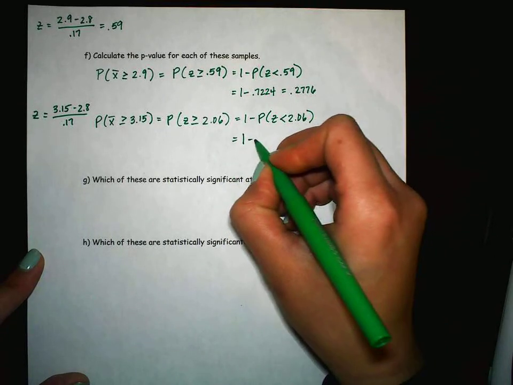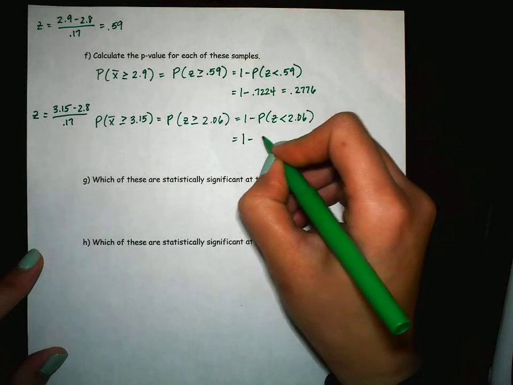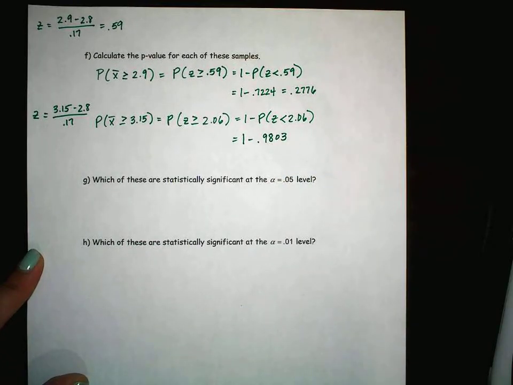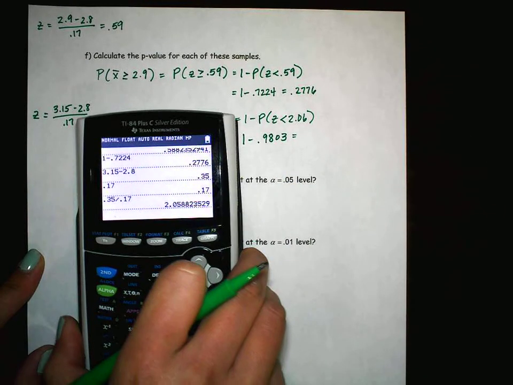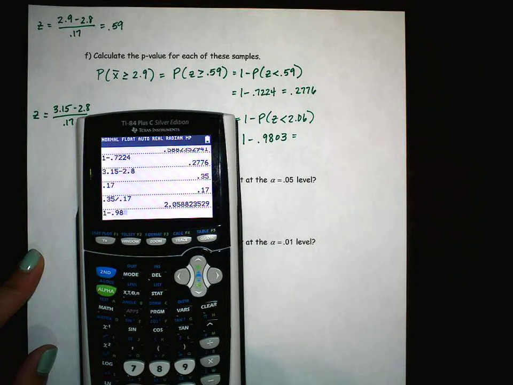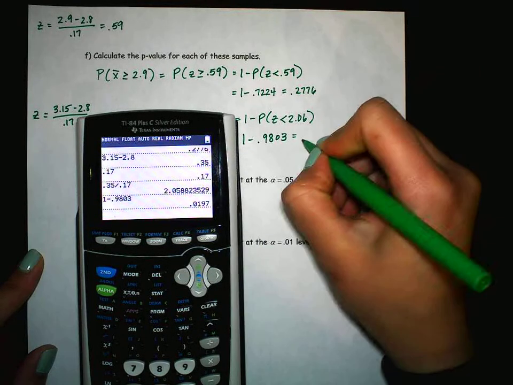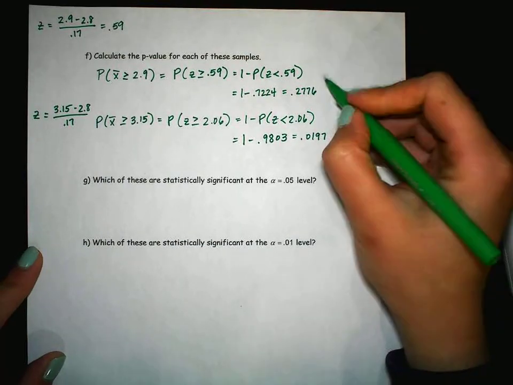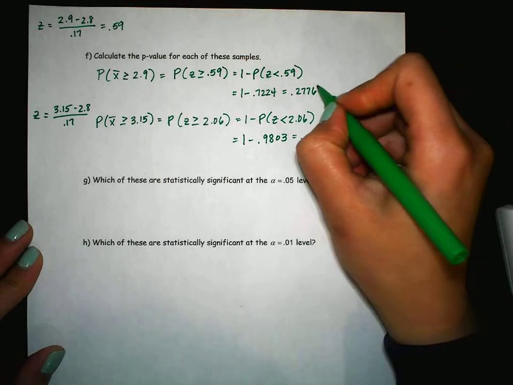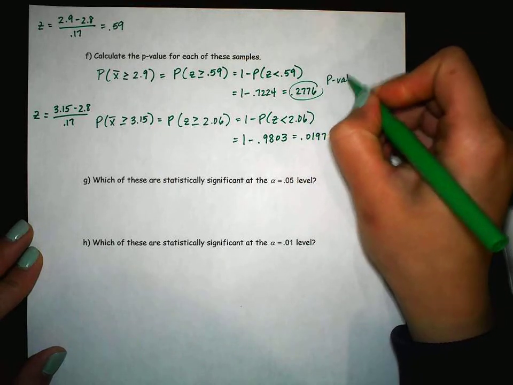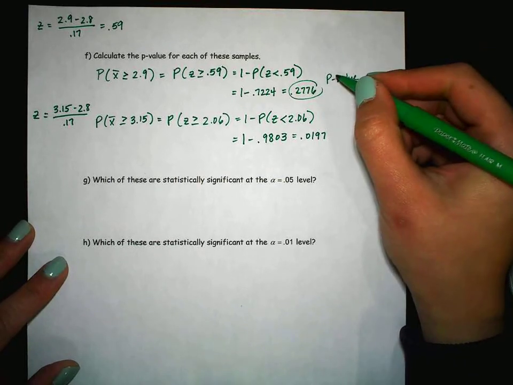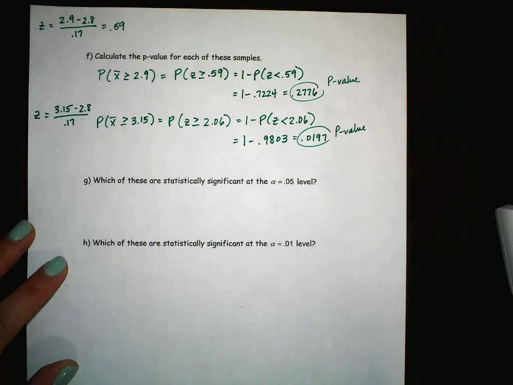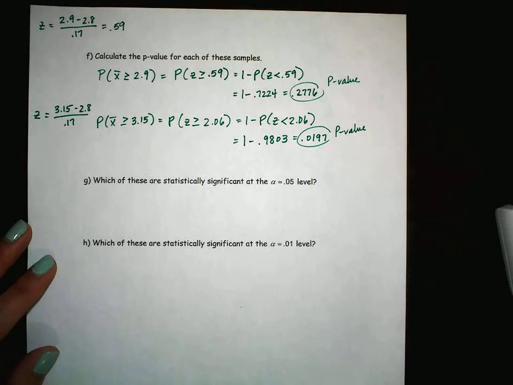This is 1 minus, if we look up 2.06 on our z-score table, 0.9803. All right, and that equals 0.0197. Okay, so remember p-values are probabilities, so this is the p-value for x bar being equal to 2.9. And this would be the p-value for x bar equaling 3.15.